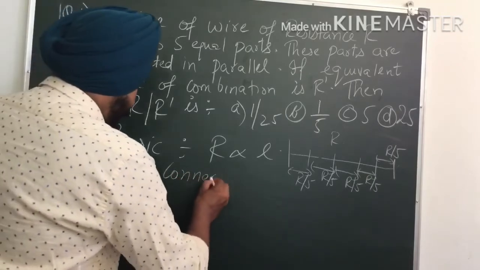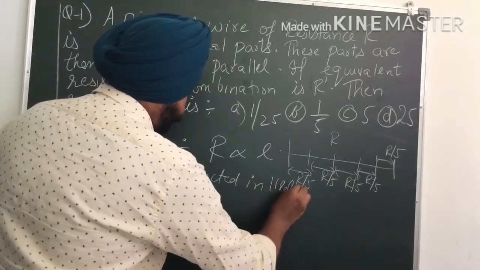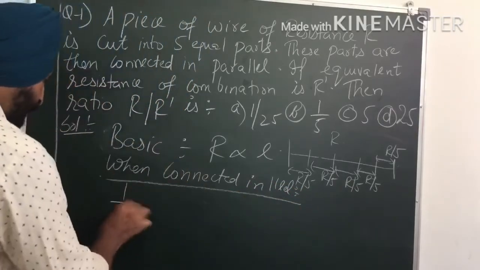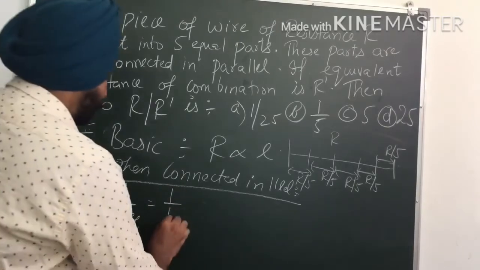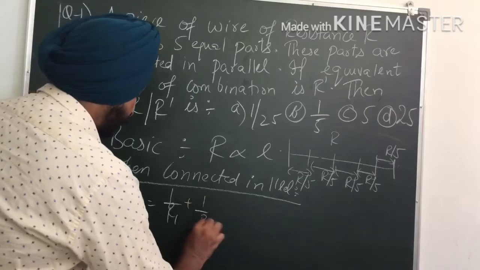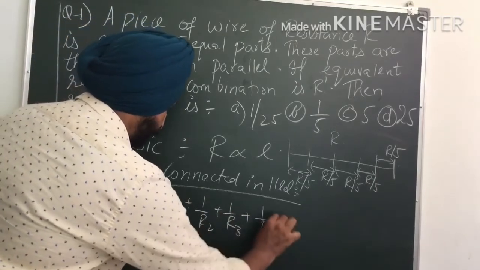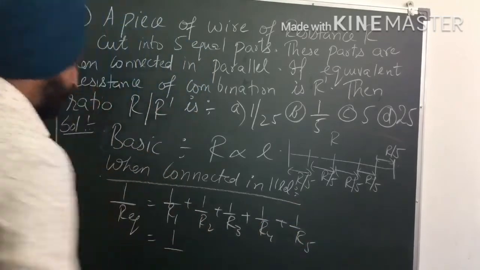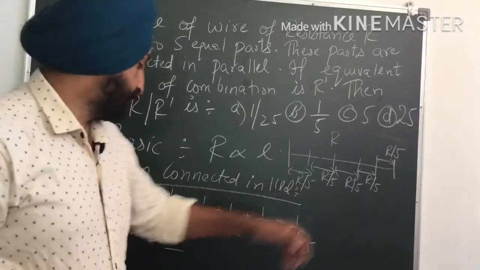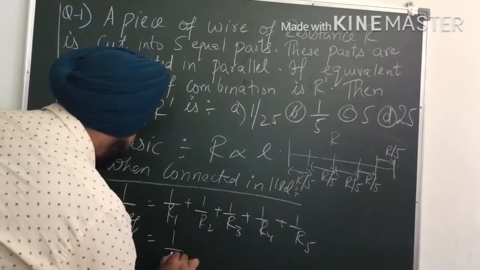So when connected in parallel, we know in parallel the equivalent resistance is given by 1 by R1 plus 1 by R2 plus 1 by R3 plus 1 by R4 plus 1 by R5. Now what is R1? R1 is of course R by 5.